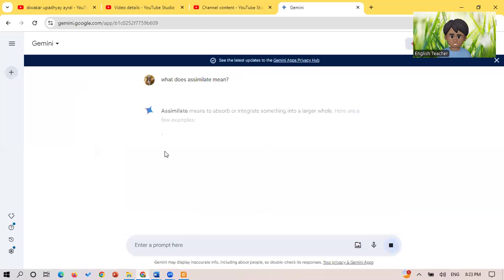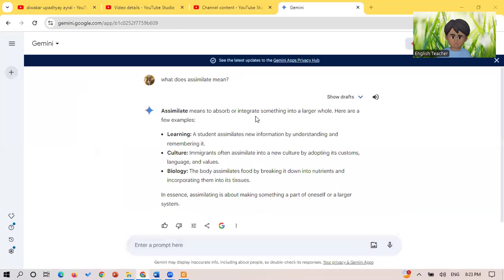So look here, assimilate means to absorb or integrate something into a larger whole. Here are a few examples. In learning, a student assimilates new information by understanding and remembering it. In culture, immigrants often assimilate into a new culture by adopting its customs, language, and values.